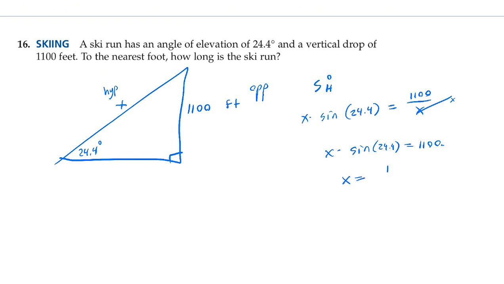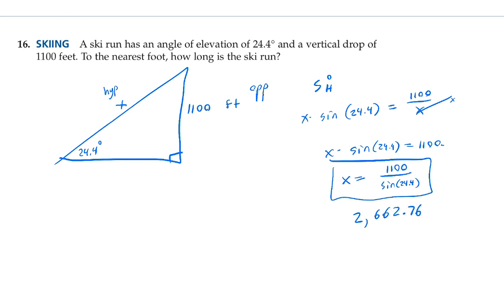So we get x equals 1,100 divided by sine of 24.4. So that's the exact value. And then we could say, well, we can approximate that to be the sine of 24.4. So that's about 2,662.76. And what was that in feet?